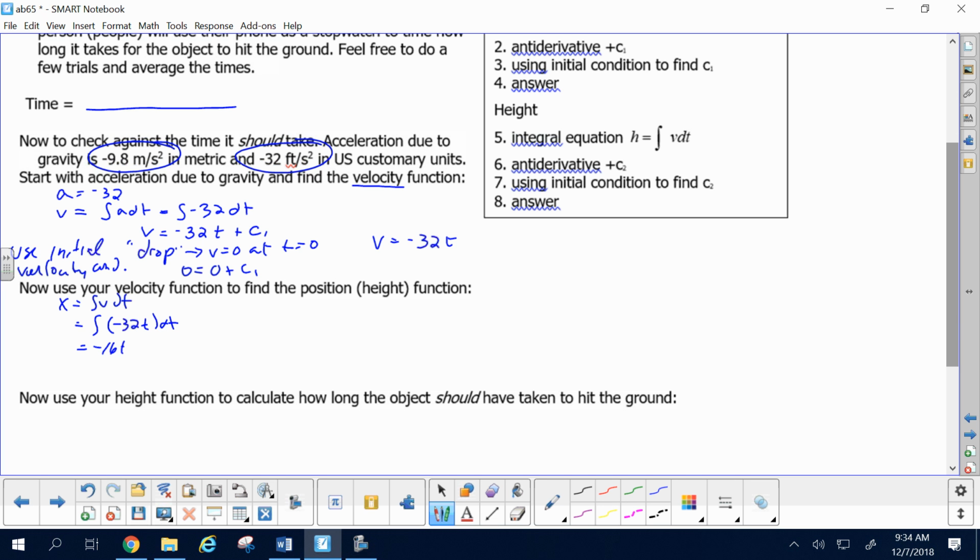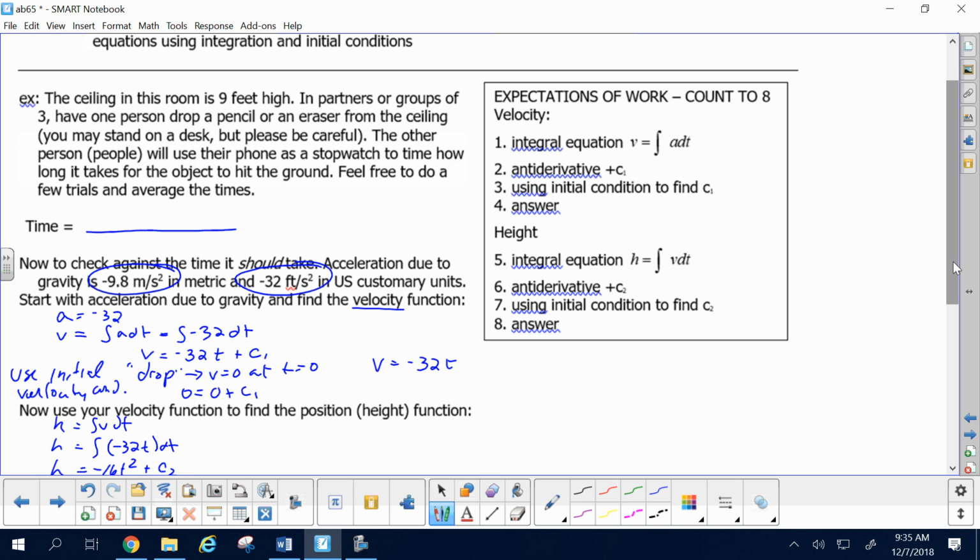Negative 16t squared plus a new constant. I'm not going to call it x. I'm going to call it h. X is ridiculous. That's horizontal motion. Am I right? Okay, so let's call it h or y. Do you have an initial condition? Oh, actually, I forgot to tell you. Hey, the ceiling in this room is 9 feet high.